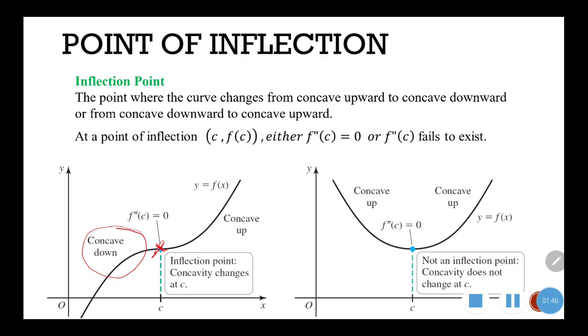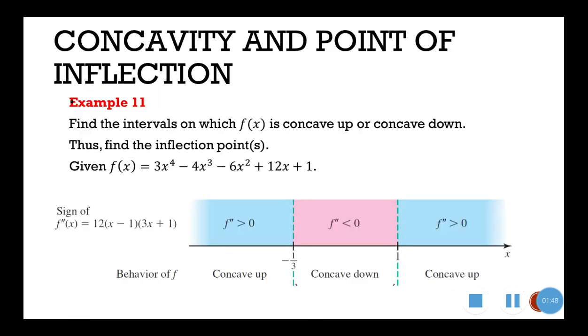Now let's look at an example so you can see it better. The answer is already here, but there is no workflow for you to really understand how to solve this kind of question. So let's try to solve this together.